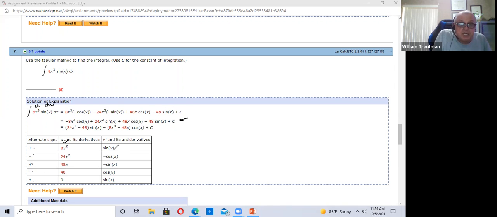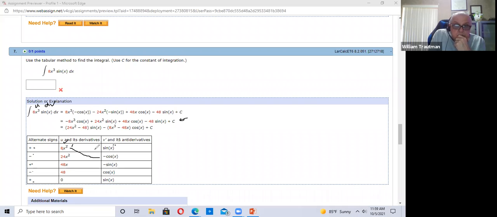And we have sine x. And we start integrating, sorry, I said derivative. Start integrating, and you get negative cosine x, negative sine x, cosine x, sine x.